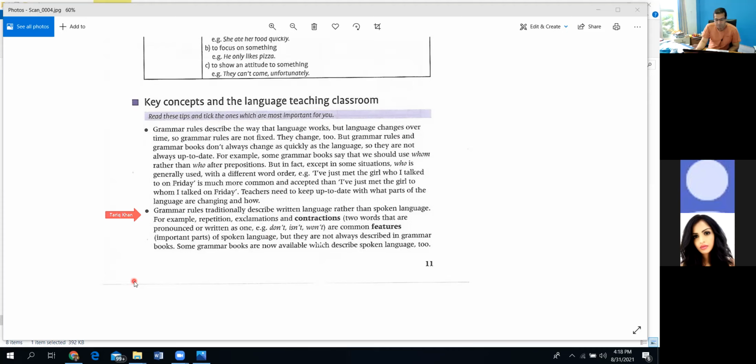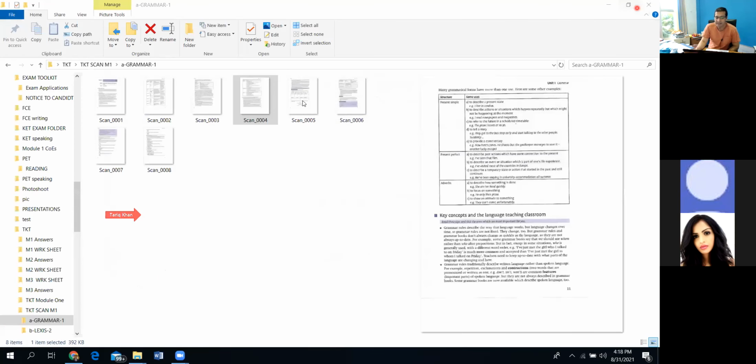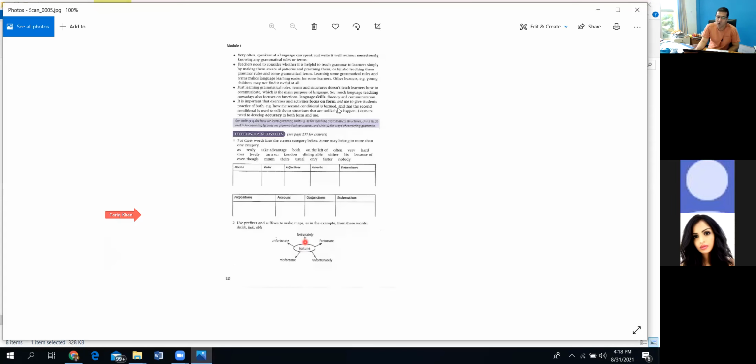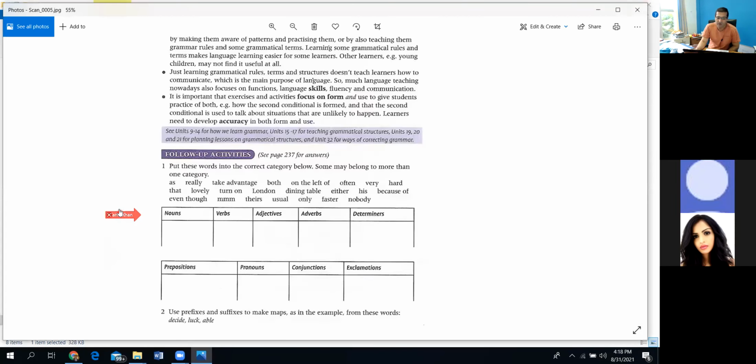But they are not always described in grammar books. Meaning contracted forms, in some of the older grammar books, you won't find them. Some grammar books are now available which describe spoken language too. The latest edition of the grammar book, you will find those things, but the older one you won't.